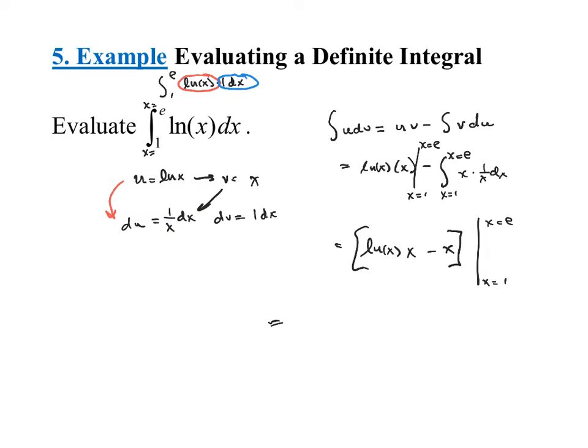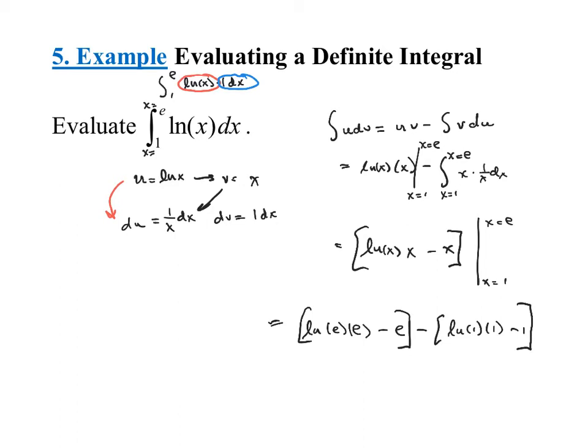So let's give that a try now. If I plug that in, I'm going to have the natural log of e times e minus e. That's what happens when I plug in an e. And then I'm going to subtract off, well, it's going to be the natural log of 1 times 1 minus 1. So when I do this, the natural log of e is just 1.